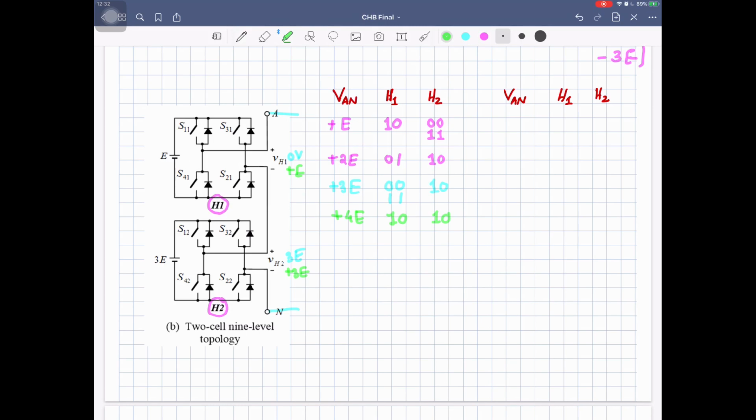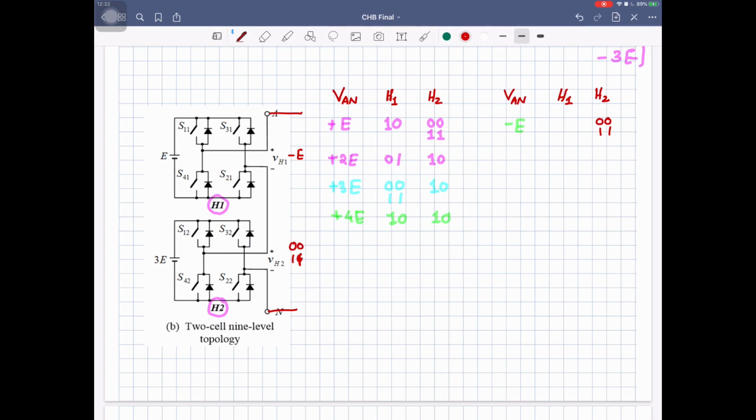Similarly, to get minus E at the output, what will I have to do? If I require minus E, I need a negative voltage between point A and point B. So how can you get that? Keep this inverter off, with 0 0 or 1 1, and apply such a switching code that the first inverter gives me minus E at the output.